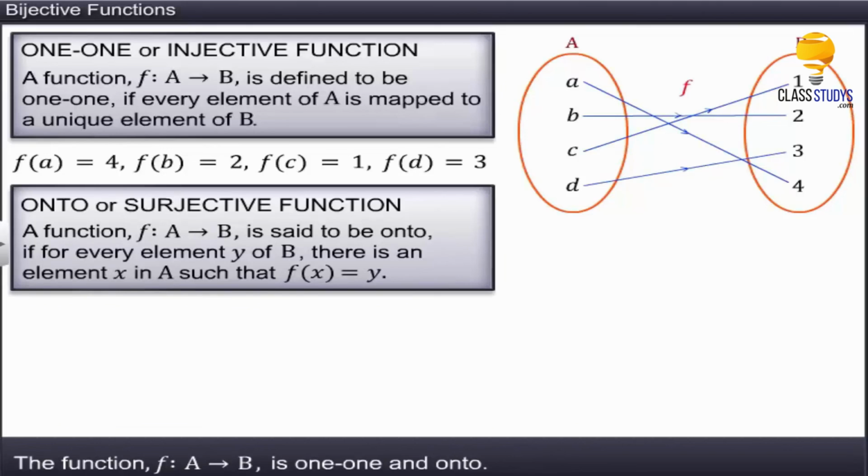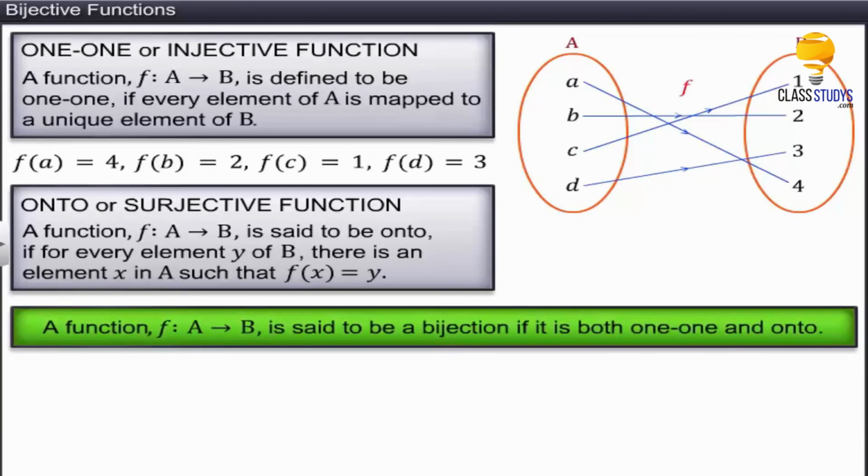Thus function f from A to B is both 1-1 and onto. Such a function is also known as a bijective function or a bijection. Mathematically, a function f from A to B is a bijection if it is both 1-1 and onto.